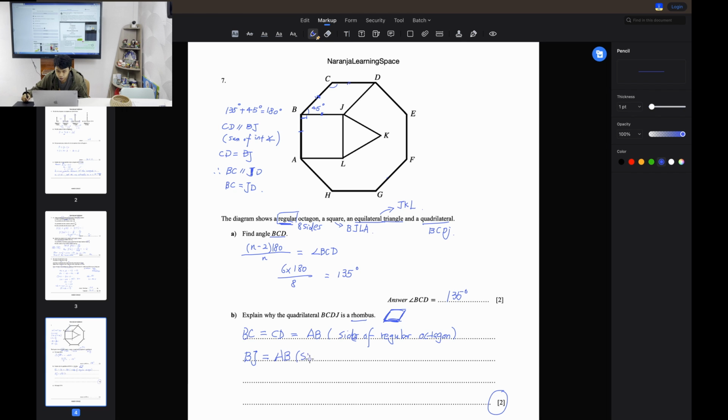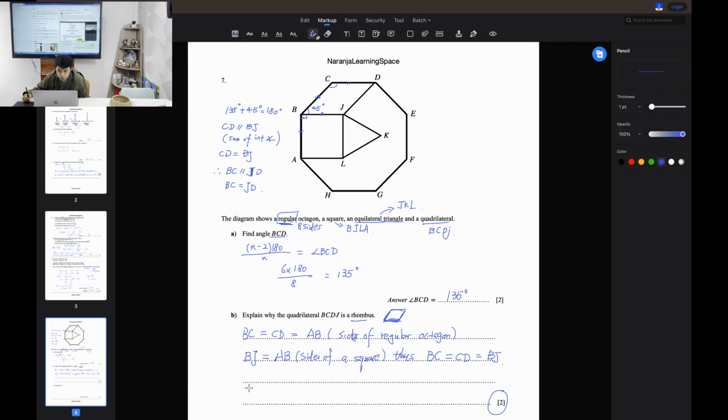This is a side of a square. So this gives us BC equals CD equals BJ. Okay, we have 3 sides equal now.